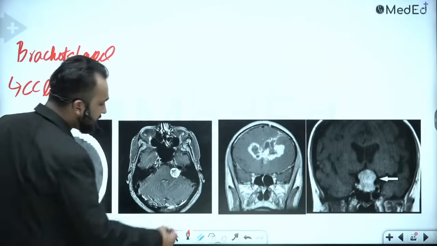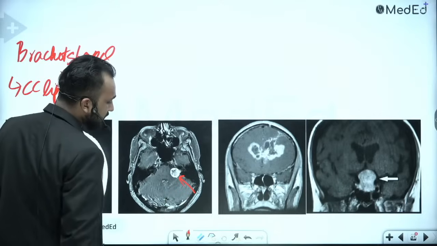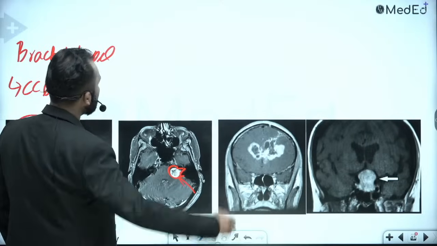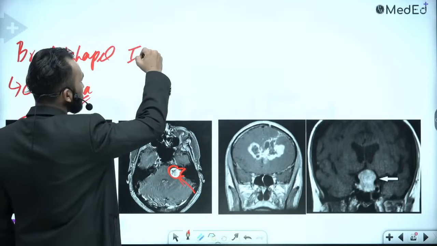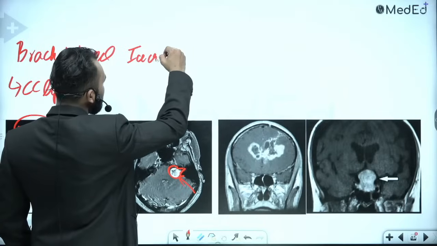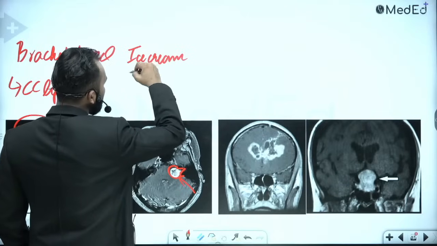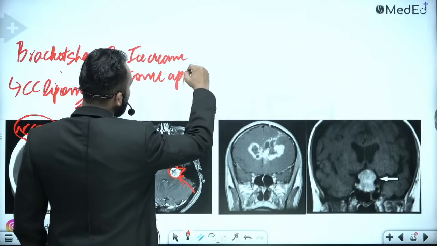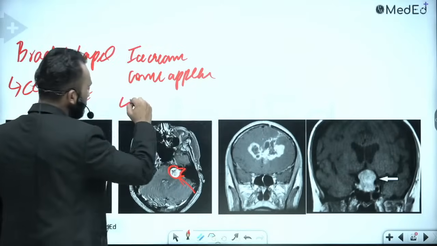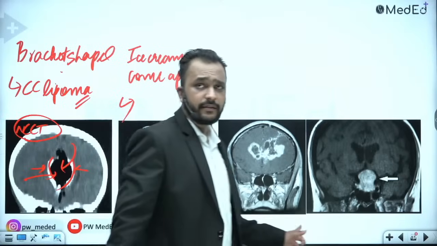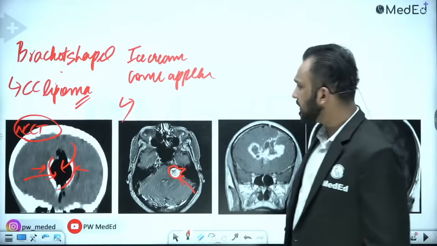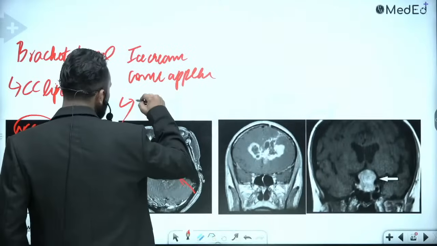A lesion is seen in the CP angle, and this lesion is seen to extend into the internal auditory canal, giving an ice cream cone appearance. This lesion is seen in vestibular schwannoma.